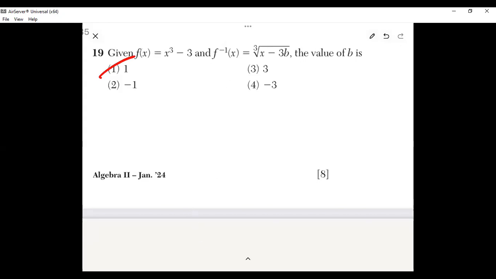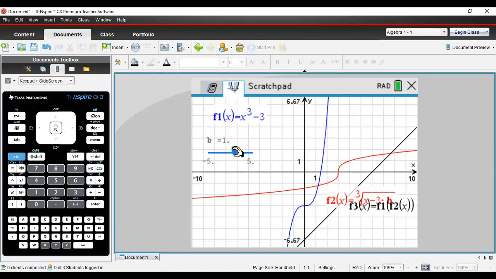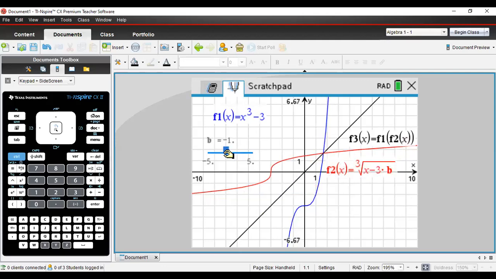If I go back to the calculator and move this to -1, now this is perfect. You can see that these two are definitely inverses of each other, but the telltale sign is that when you take the composite, it goes straight through the origin and it's y equals x. So that's how you know that this is the actual answer.